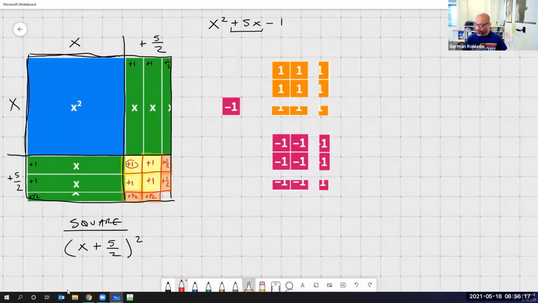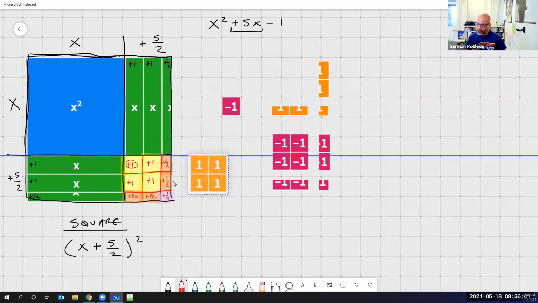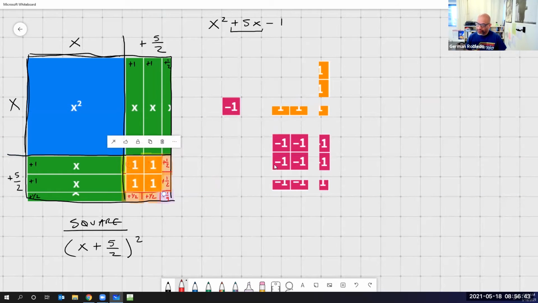And then we have one more piece left over. This piece in the corner here, that's the smallest of all the pieces. That one is going to be 1/2 times 1/2, which is positive 1/4. Now I made these pieces here to fit in. These are going to be all positive. So here are those positive 4.